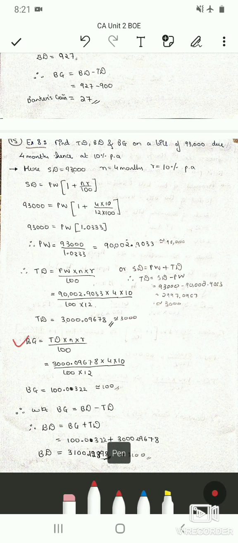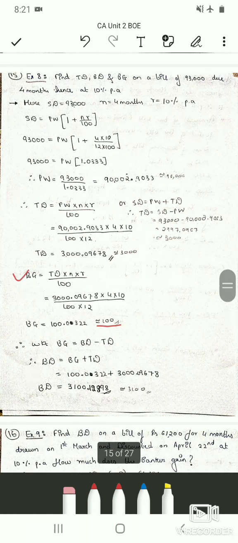Now what is banker's gain? It is interest on the true discount. We got true discount as 3,000. So banker's gain will be how much? Approximately 100 rupees. So it is 3,000 into 4 into 10 by 100 into 12.